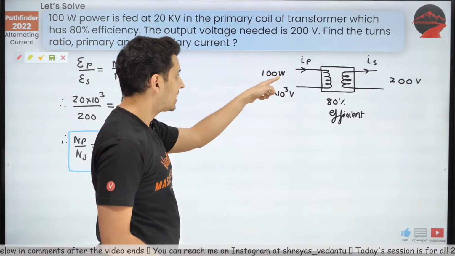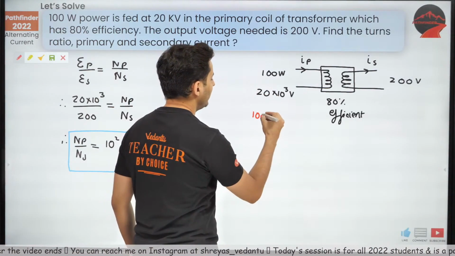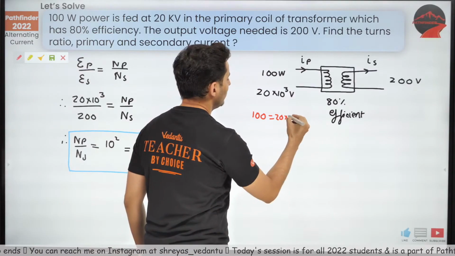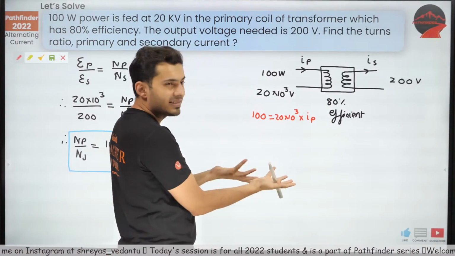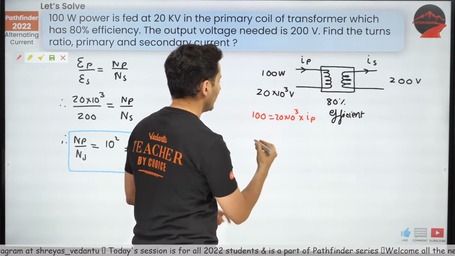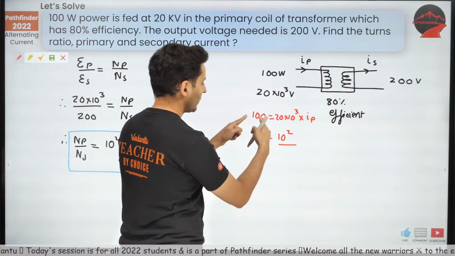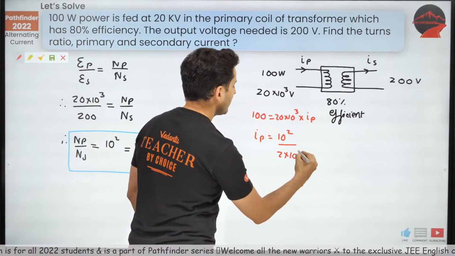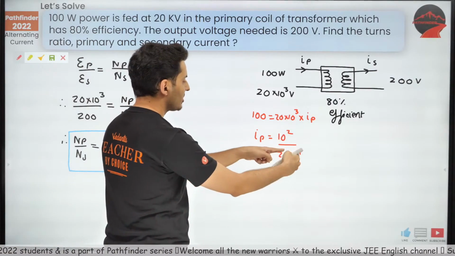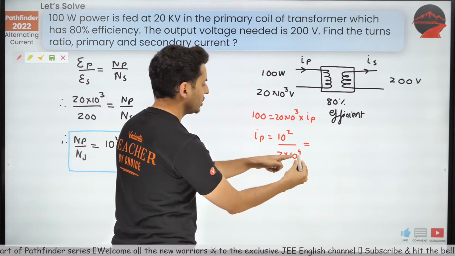Next, we can find the primary and the secondary current very easily, because 100 watts is the input power and power is voltage into current. So can I not say 100 is 20 into 10 to the power 3 into the input current? As simple as that. Make sense? So what will be the input current? It will be 10 to the power 2, that's 100, divided by 2 into 10 to the power 4. 10 square and 10 square go, and I'll be left with 10 to the power 2 here.